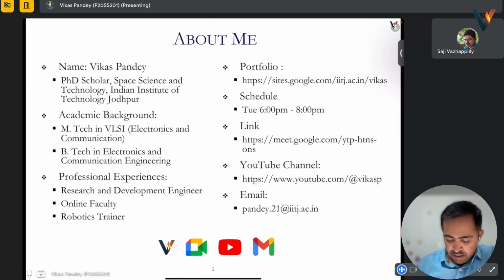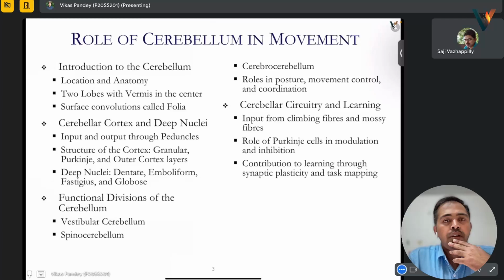So, let's start with the summary. In the previous week, we talked about movement, right? Before that we talked about balance, and we have even seen how balance is used in conjunction with visual and audio feedback, audio input, right?